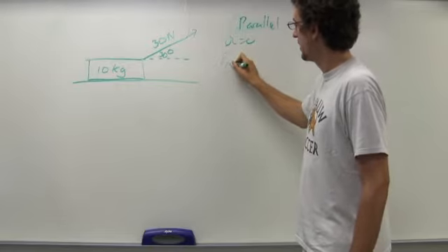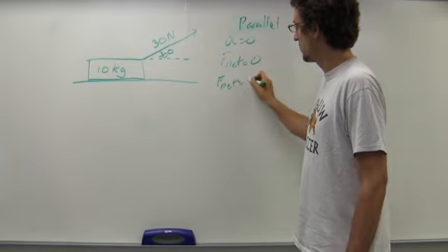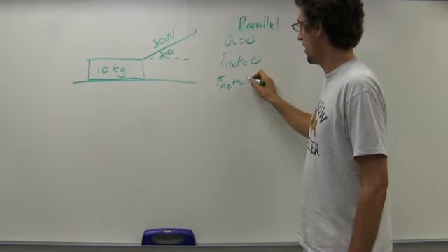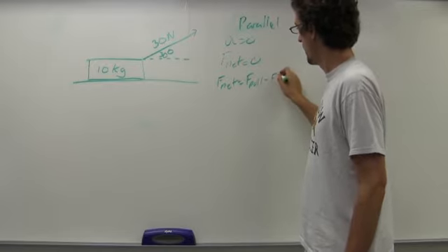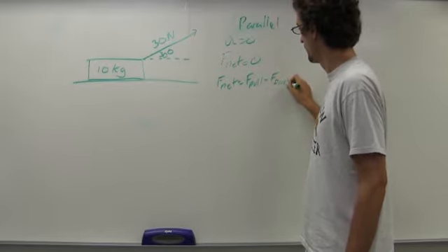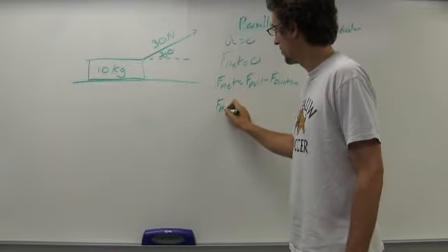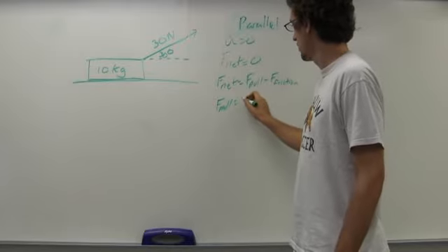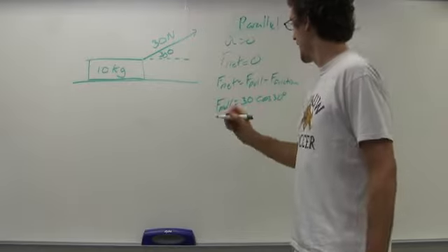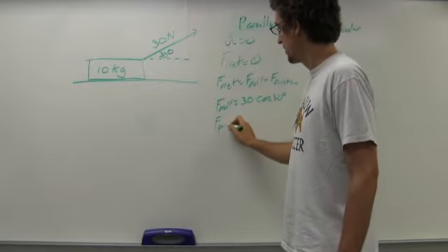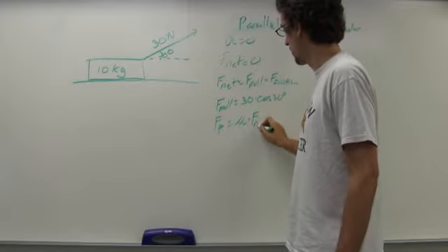That means F net equals 0, and F net is equal to F pull minus F friction. Furthermore, F pull is equal to 30 times cosine of 30 degrees. And finally, F friction is equal to mu times F normal.